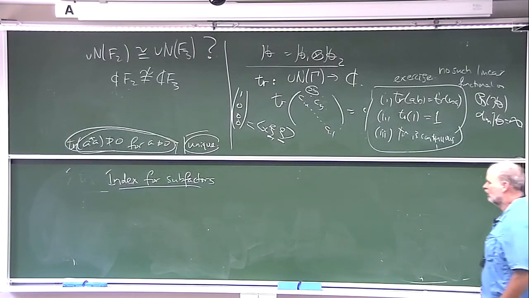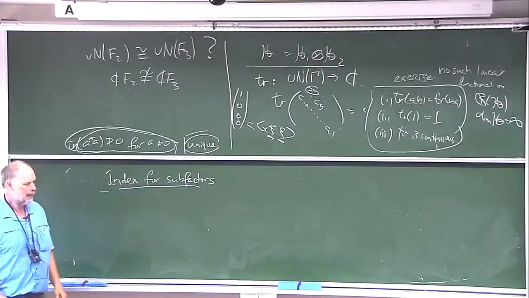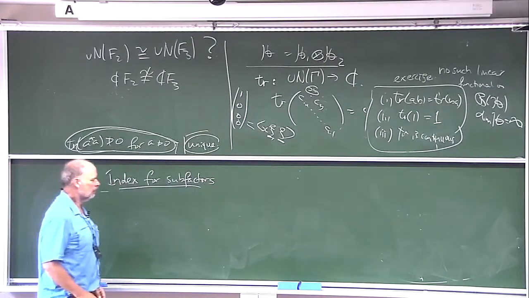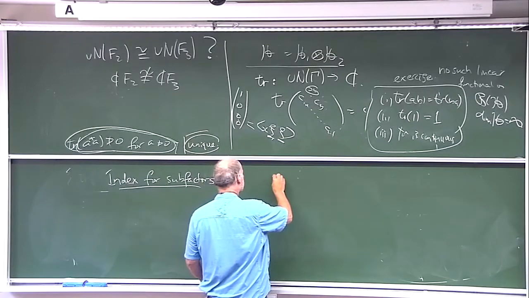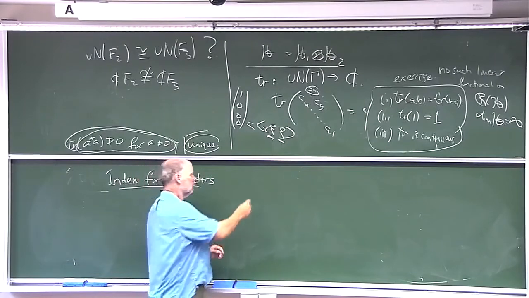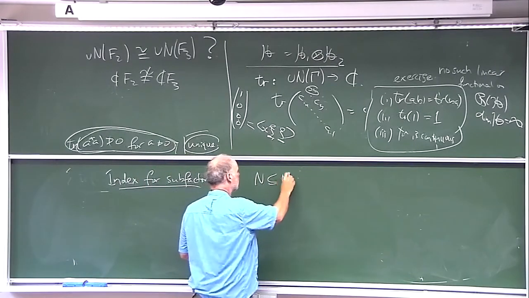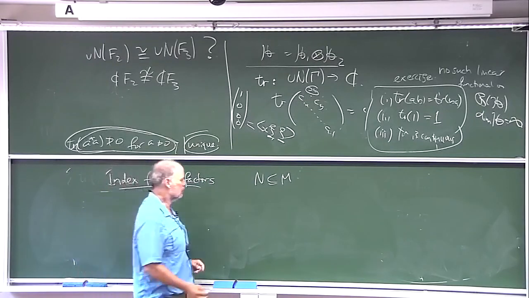So I want to define a notion of index. I want to motivate this fairly carefully. The motivation will be given by an important example. Subfactor is obvious, right? If we have a II-1 factor, then we can have a smaller one, which is also a II-1 factor. That's the definition.